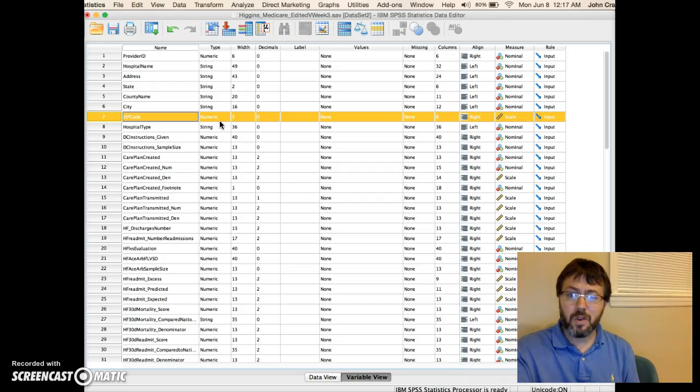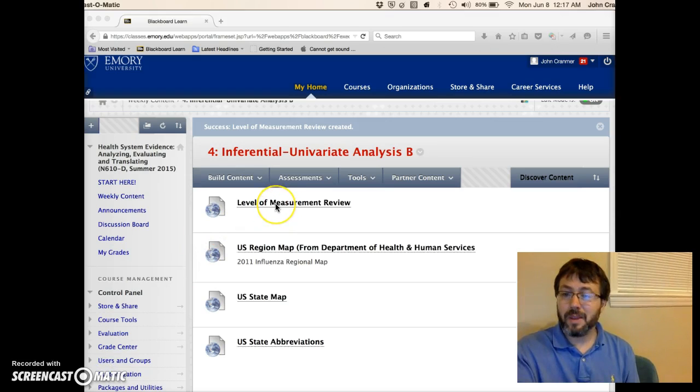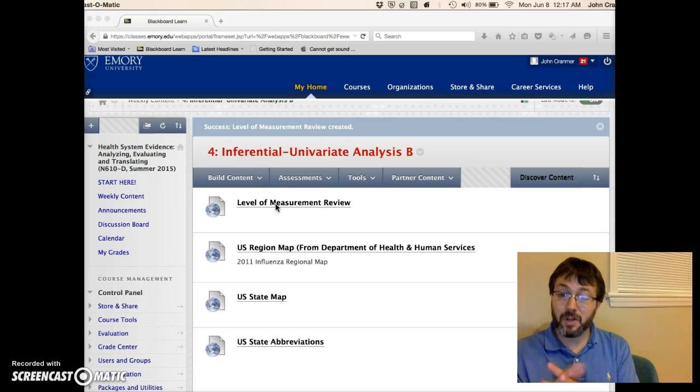And so I'll refer you back to a link that I've posted on our course website if it's helpful to review levels of measurement. So by following this first link in week 4, you can get another author's explanation of the levels of measurement, and this would complement the discussion we've had on Semester Saturday as well as the discussion in the Salkin text, if it would be helpful to brush up on what nominal, ordinal, interval, and ratio mean, because that understanding is crucial for the thinking that we're going to now do about levels of measurement in SPSS.